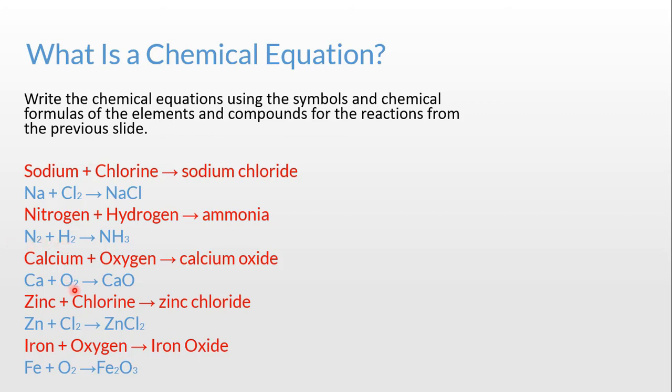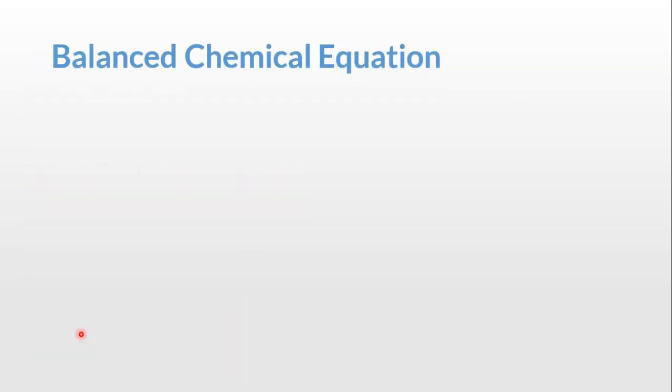Yes. So what if you are asked to balance these equations? How are you going to do that? Balancing of chemical equations. So let's see if we can balance these equations. Let's start with the first equation. Na plus Cl2. Chlorine exists in the form of Cl2. That gives us NaCl. So sodium is reacting with chlorine to give us NaCl.